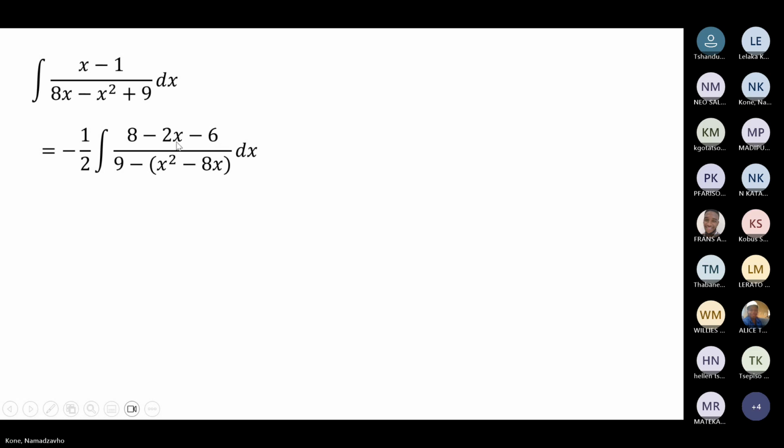So if we ignore the half, the negative, and we multiply this by a half, half times 8 is a 4. Half times 2x is minus x. Half times minus 6 is a minus 3. And 4 minus 3 is 1. So this on top is just this with a minus 1 taken out.